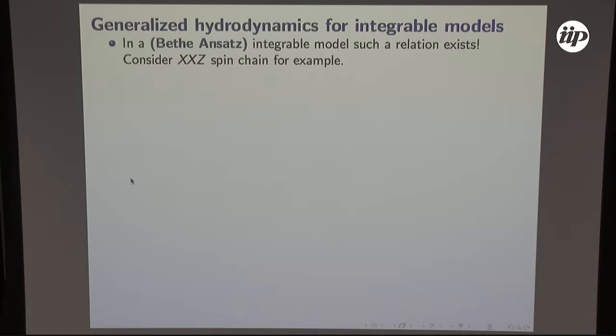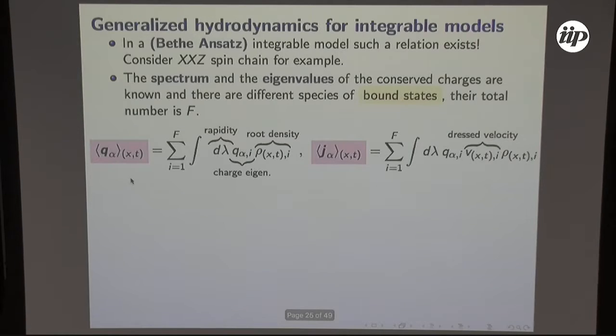This is the case when you have an integrable system like XXZ, which you can think of as a sort of generalized free fermionic model at this stage. You do not have to worry about the technicality.